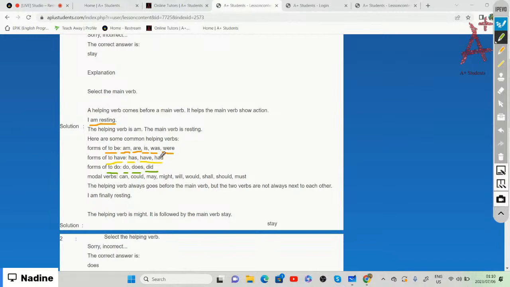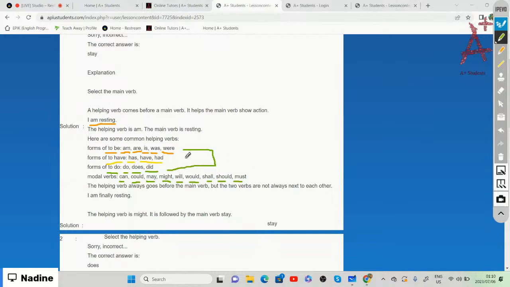They also say that modal verbs are can, could, may, might, will, would, shall, should, and must. But the most common ones are am, are, is, was, were, has, have, had, do, does, and did.